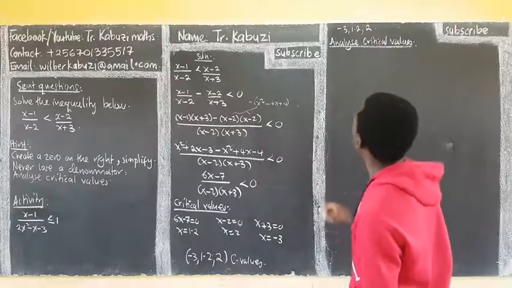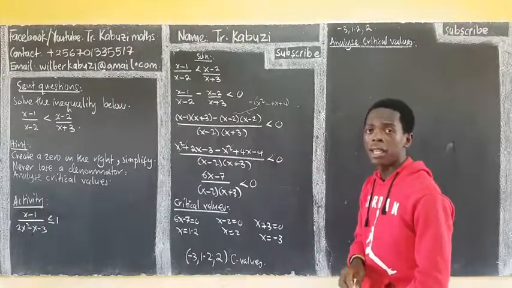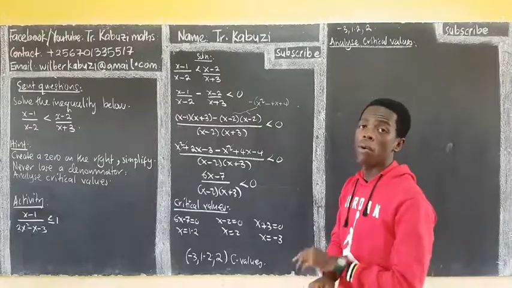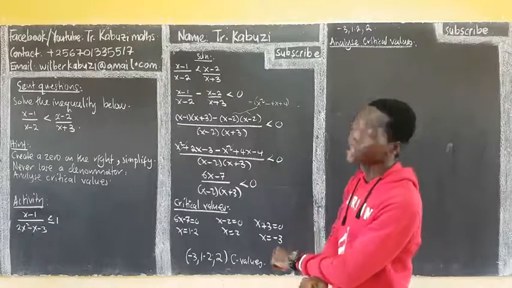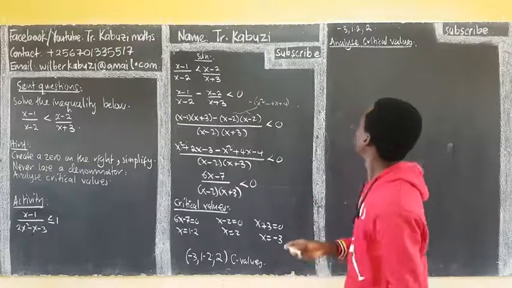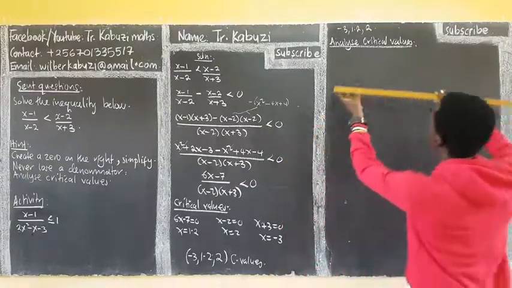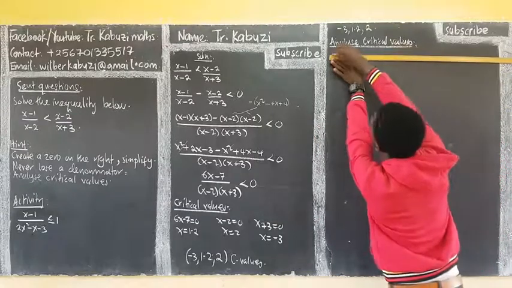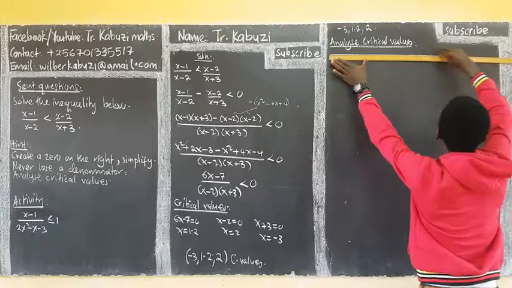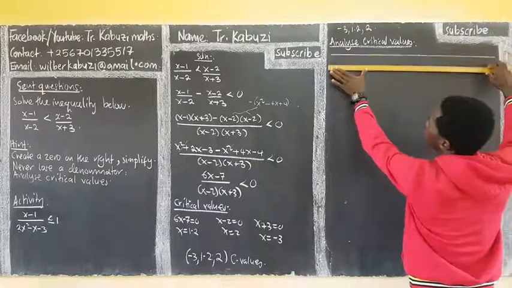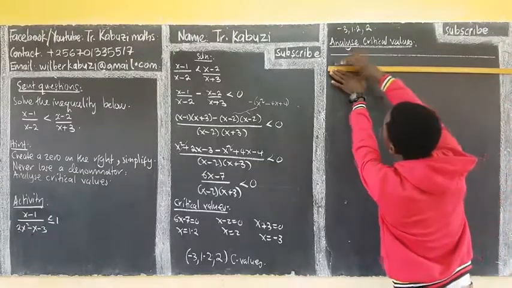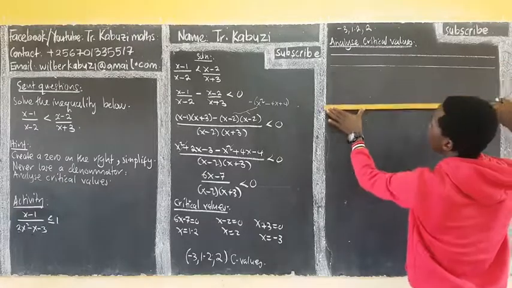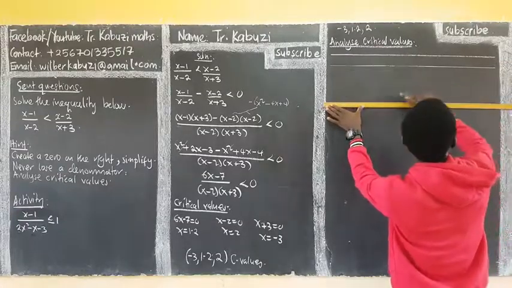So now, you see we have 3 critical values. 3 critical values means we are going to have 4 columns in the analysis. So we draw, then include our last one.